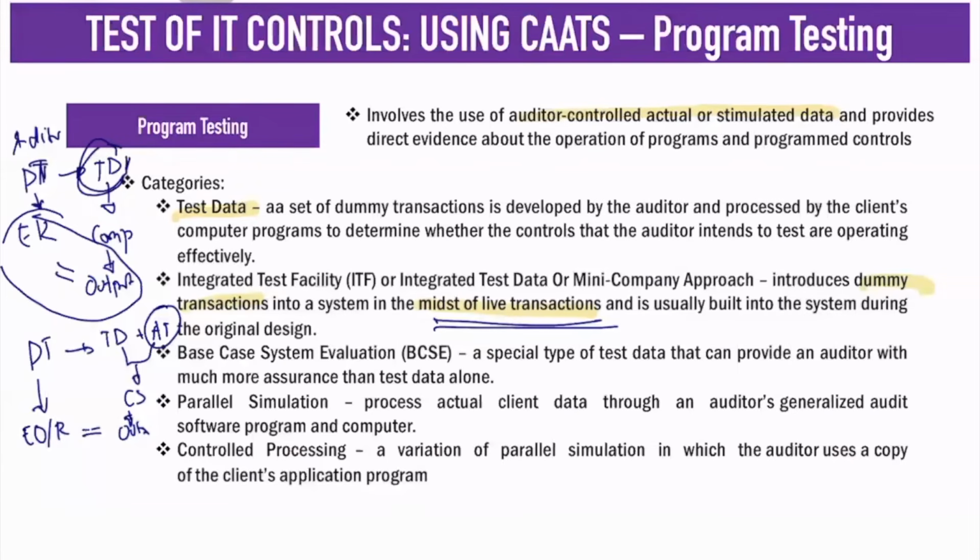Next, base case system evaluation or BCSE. In a base case system evaluation, this is a special type of test data that can provide an auditor with much more assurance than test data alone. What's the difference? Here, the auditor has test data on the software. Also, the client will have test data on the software. That test data by the client is your base case.